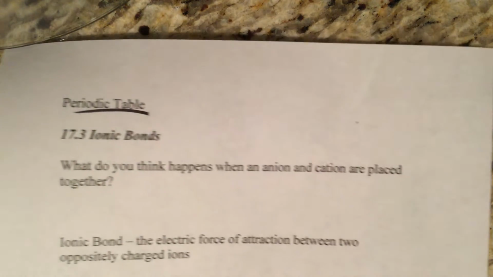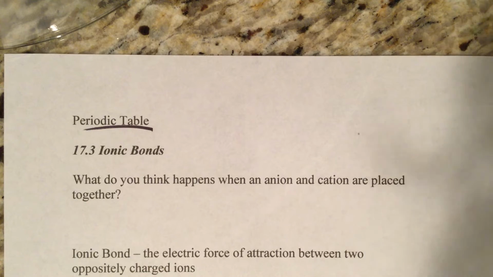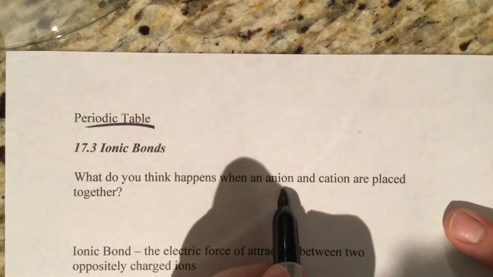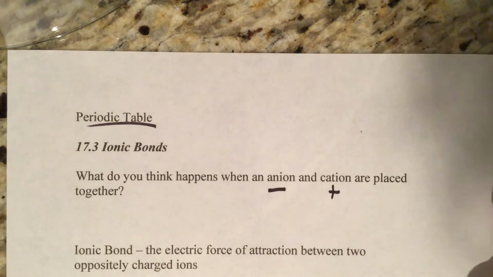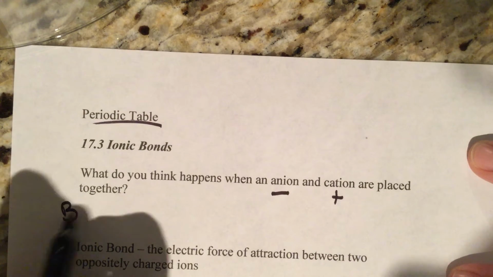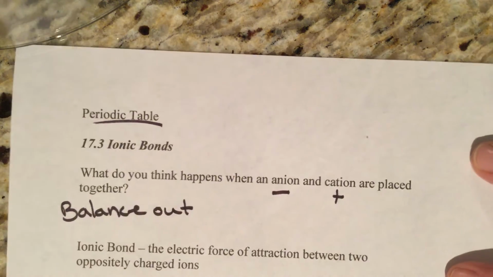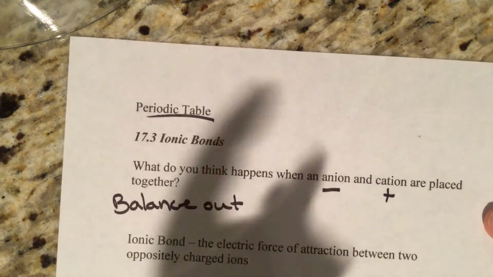Ionic bonds. What do you think happens when an anion and a cation are placed together? Again, that means we have a negative and we also have a positive. When we put those together, most of you are going to say that they balance out, which is what they do.